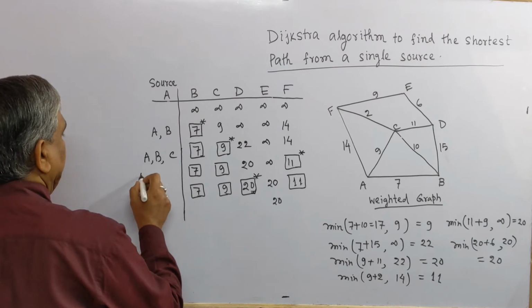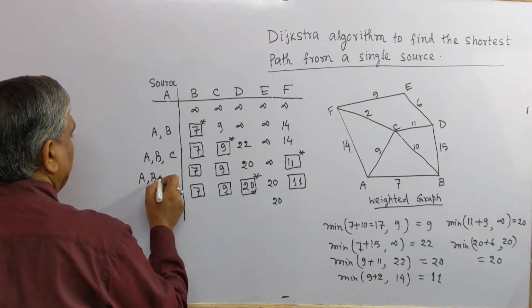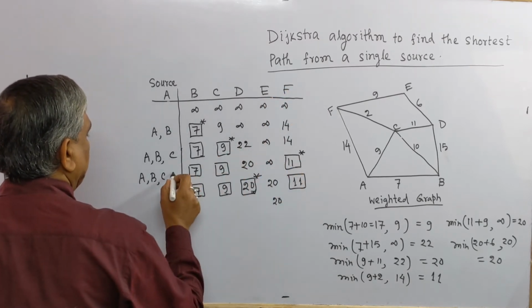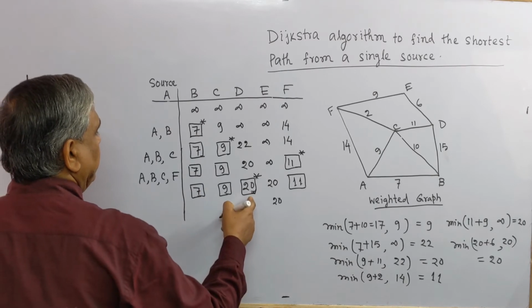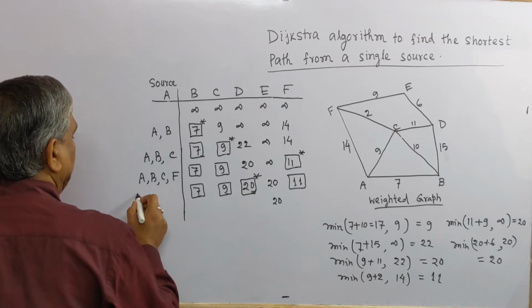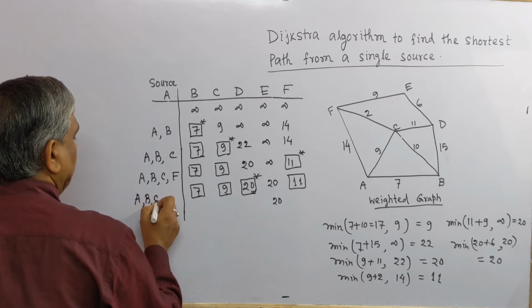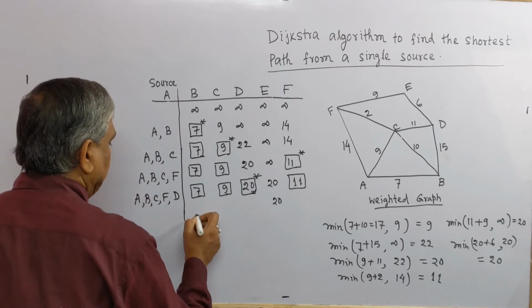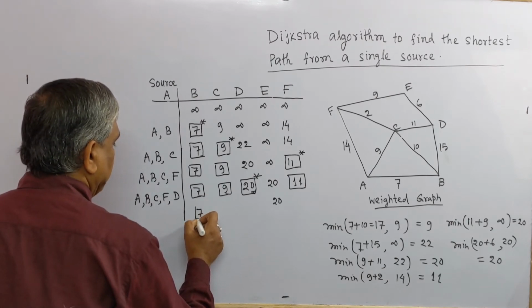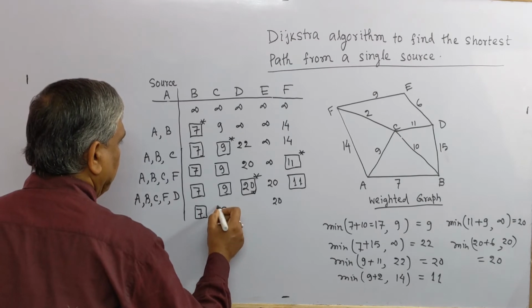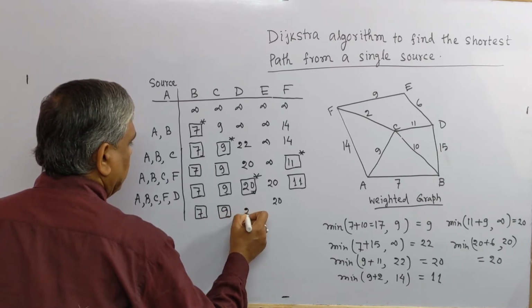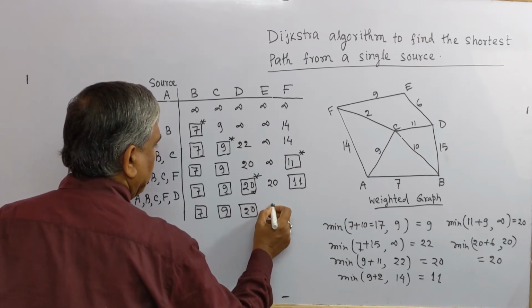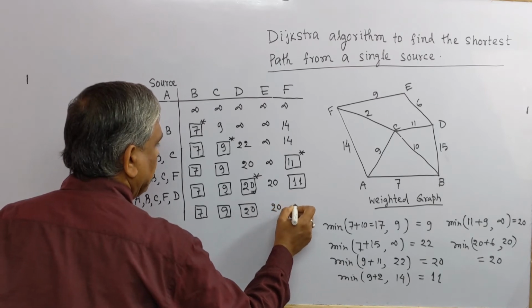Here we write A, B, C and F. Here for D we write A, B, C, F, D. We write the others the same. 7, 9, 20. This is 20, which we have already found.